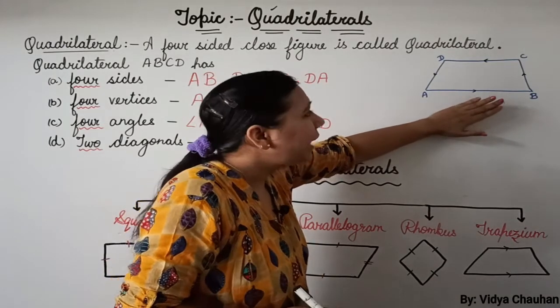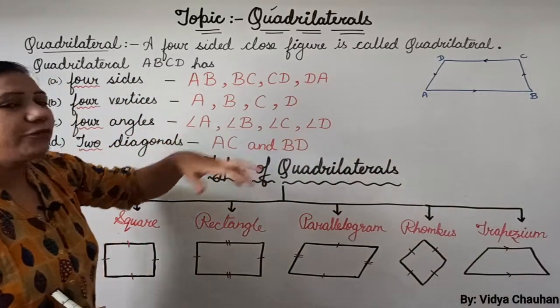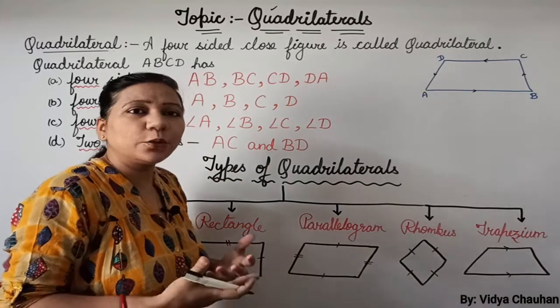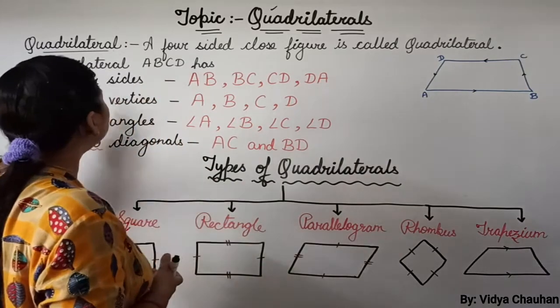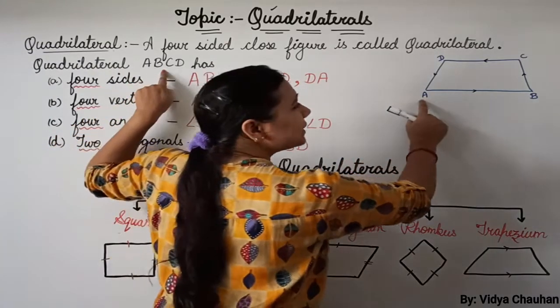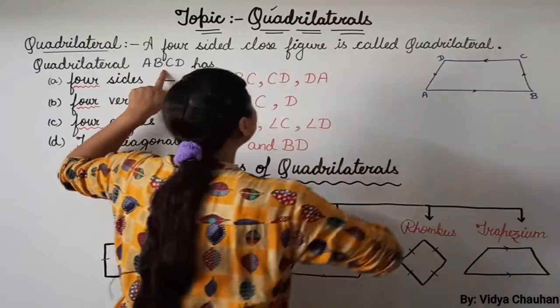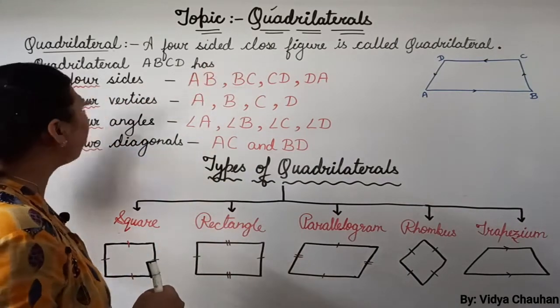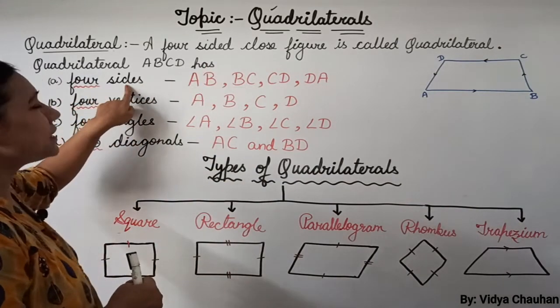Clear, students? Now, what are the different parts, the things present in a quadrilateral? So let us discuss that. The name of this quadrilateral is ABCD. A quadrilateral ABCD has, first, four sides.